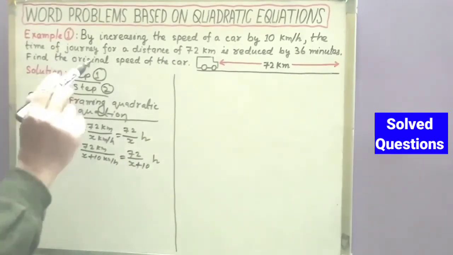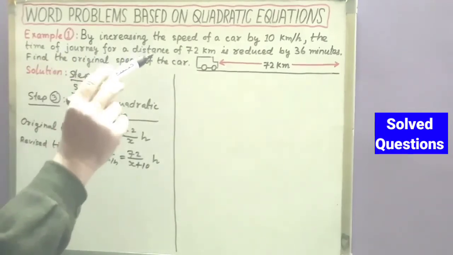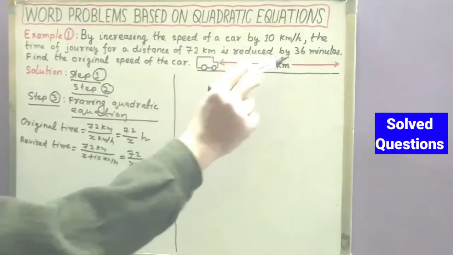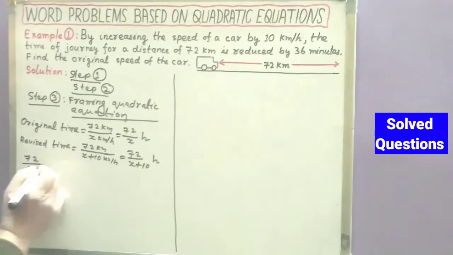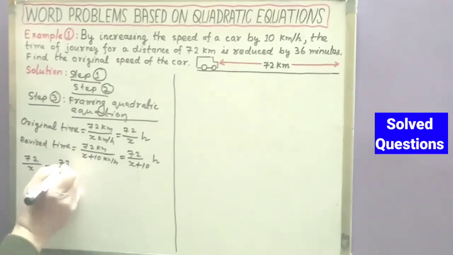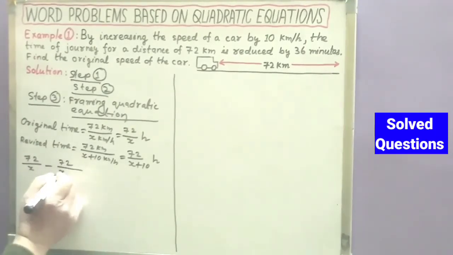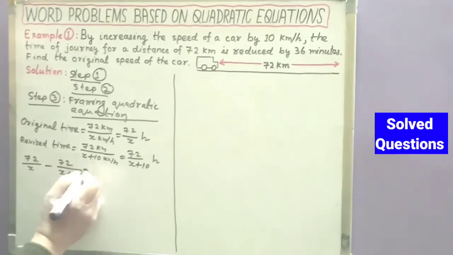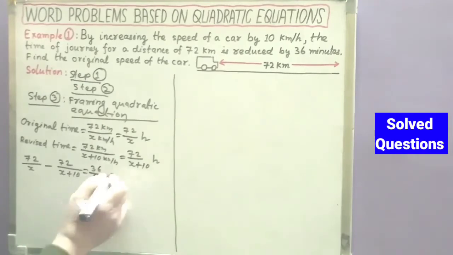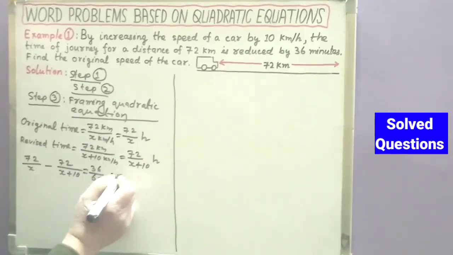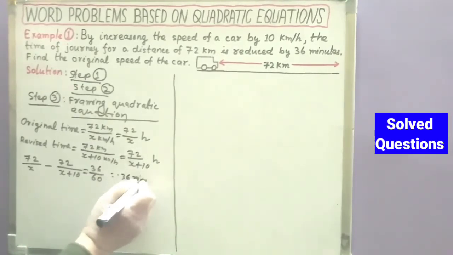On increasing the speed of the car by 10 km per hour, the time of journey for the distance of 72 km is reduced by 36 minutes. That is, 72 upon x minus 72 upon x plus 10 equal to 36 upon 60, because 36 minutes equal to 36 upon 60 hour.